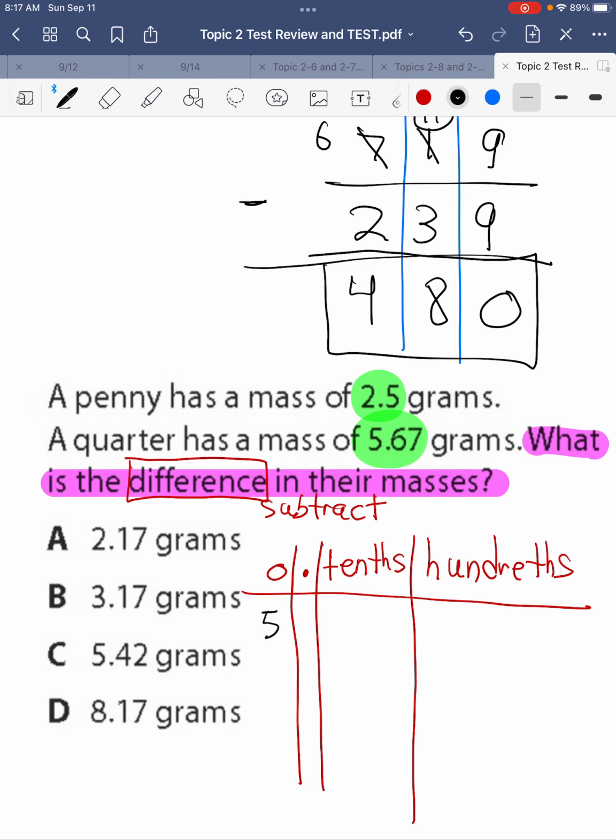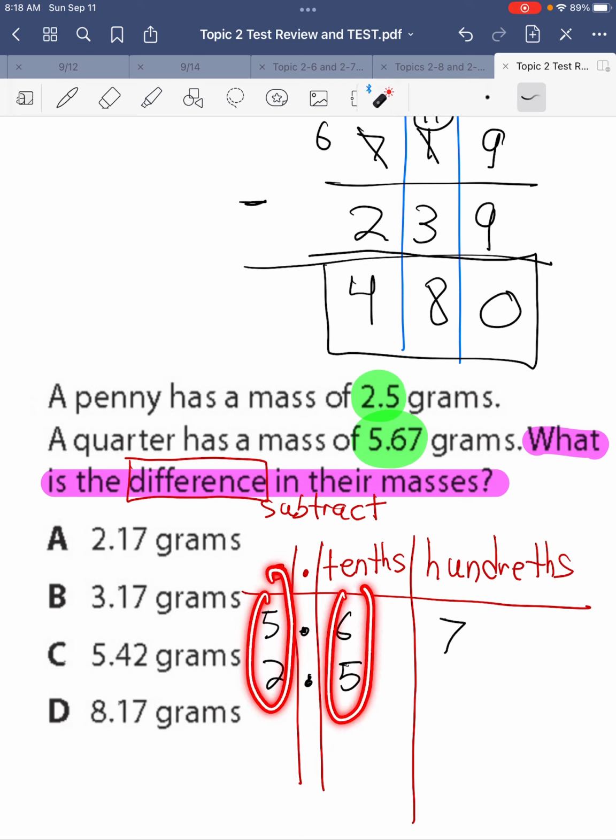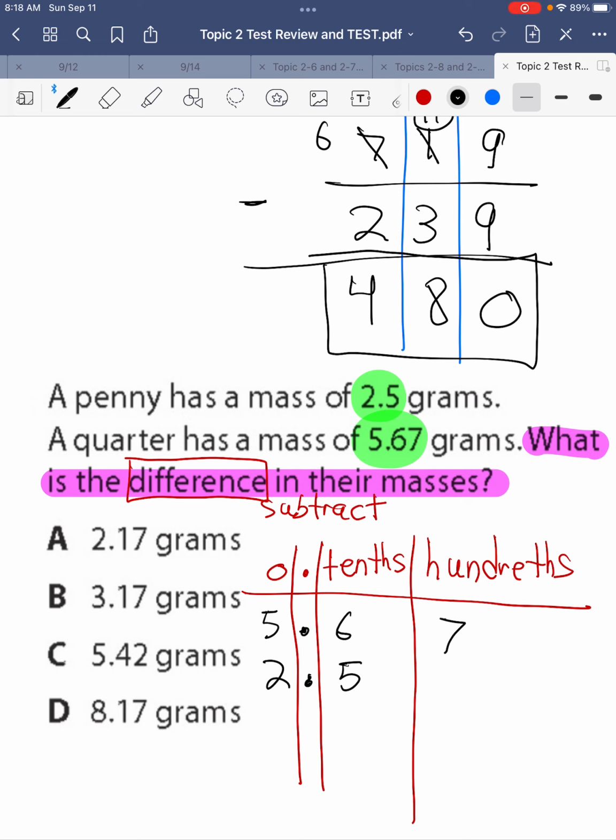So I have 5.67, and then I put my other decimal on the bottom, 2.5. Okay, keep in mind my decimals are aligned. The 5 has a friend, the 6 has a friend, the 7 does not, so I'm going to put a placeholder here. And now I can subtract.